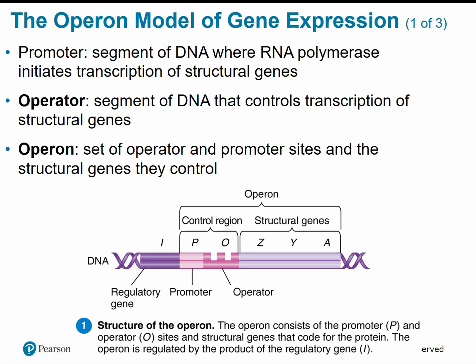In the Operon model of gene expression, the promoter is still that segment of DNA where the RNA polymerase is going to initiate transcription of our structural genes. The operator is the following segment of DNA that's going to control transcription of these genes. The operon is the whole thing together with the operator, the promoter, and the structural genes that they control and regulate.